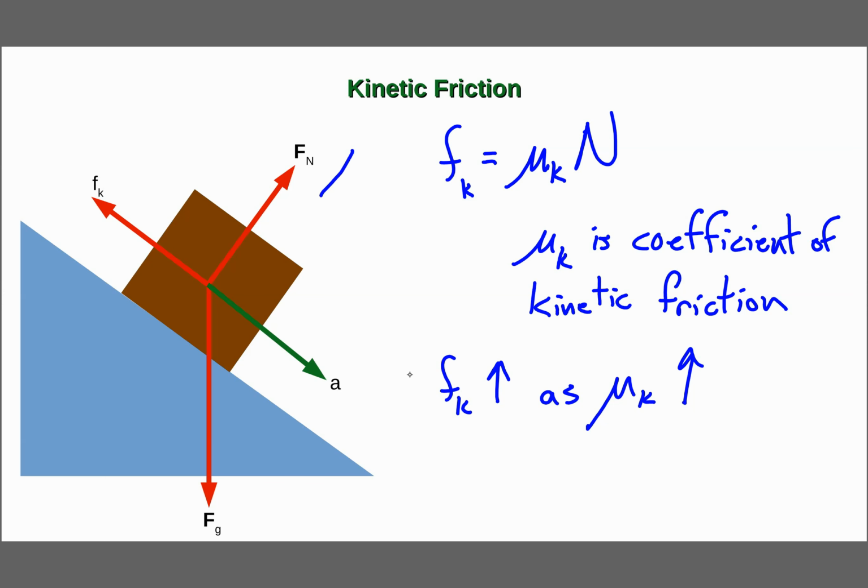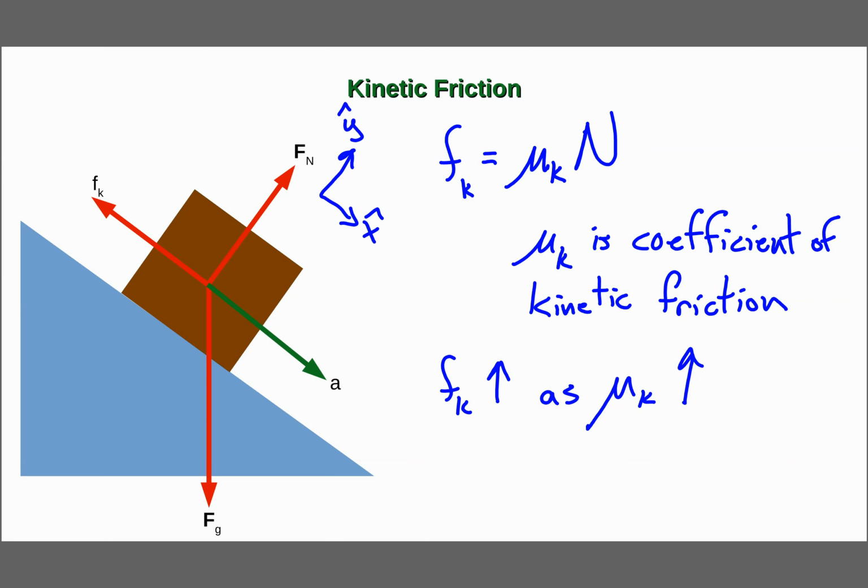So if I draw my coordinate like this, like I usually do with the block on a ramp problem, then you can see that my acceleration here is always going to be decreased by friction because it always opposes motion.